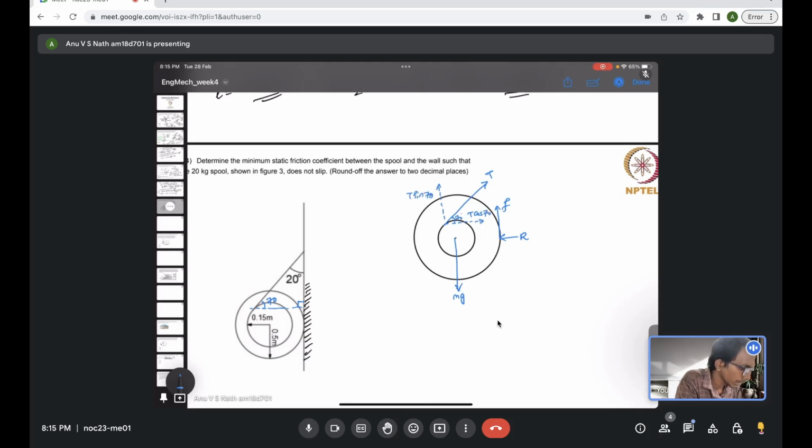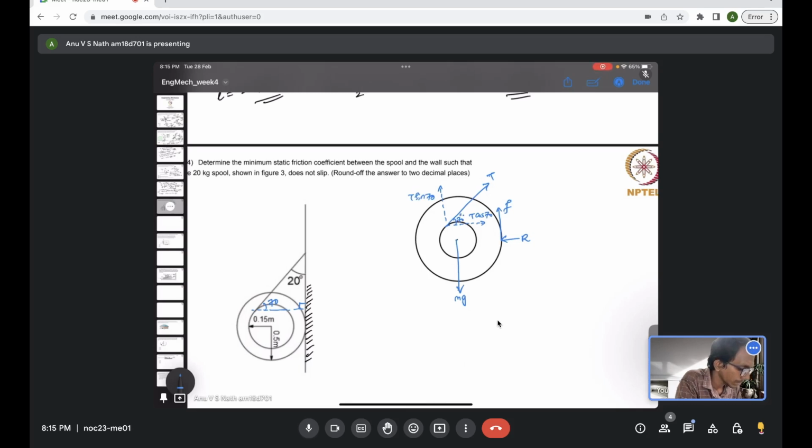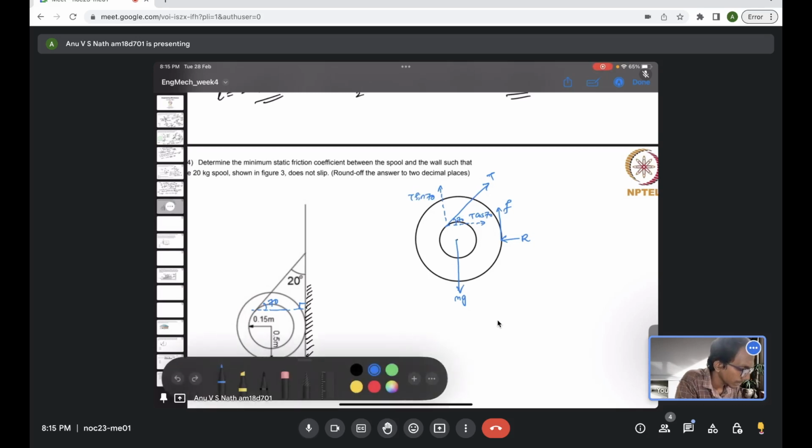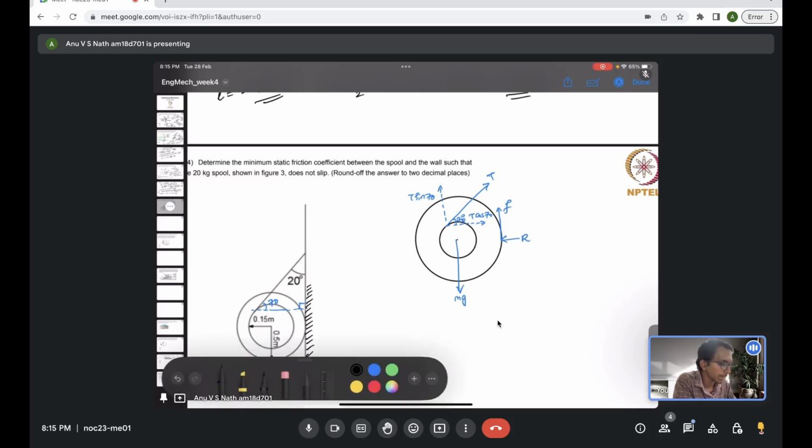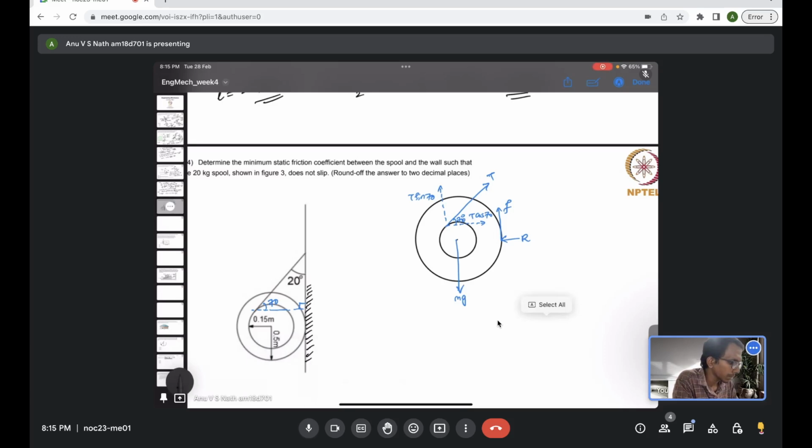This angle is 70 degrees. Now we need to write the force balance equation. Sigma Fx equal to 0.